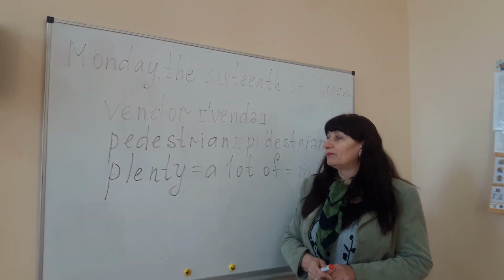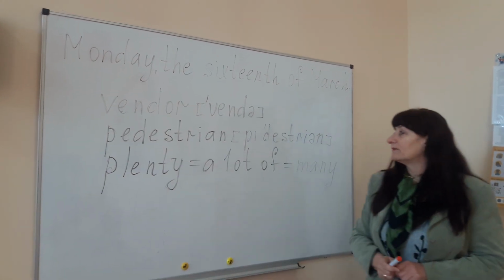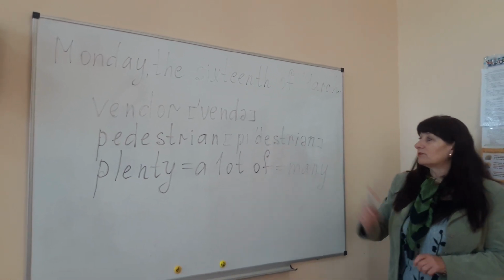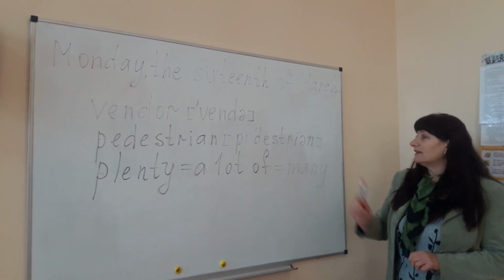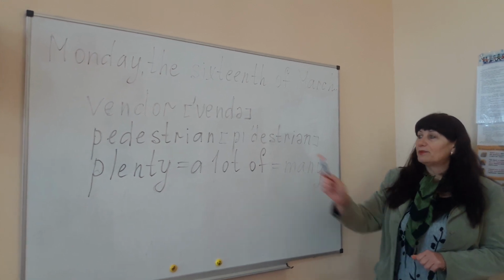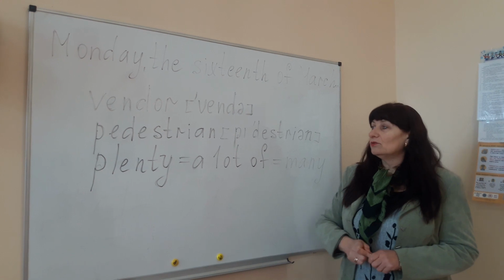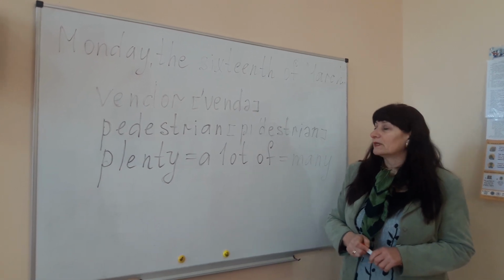Pedestrian. Repeat please. Pedestrian. Write down the word, write down the transcription, pedestrian. And pedestrian is a person in the street. So, пешеход.